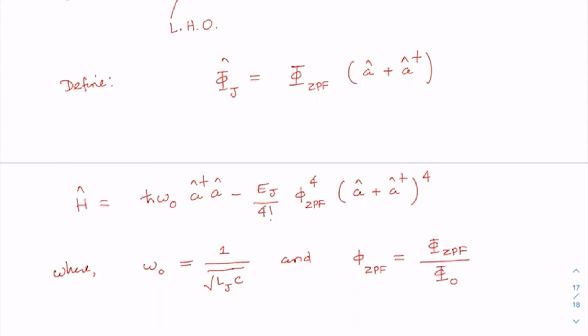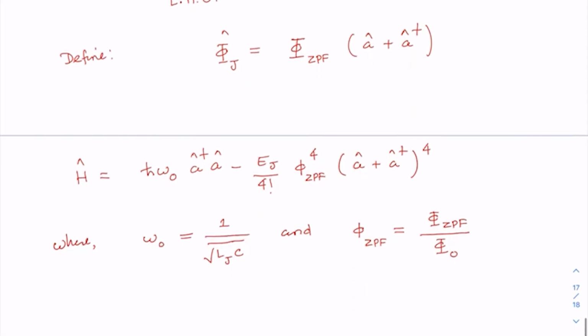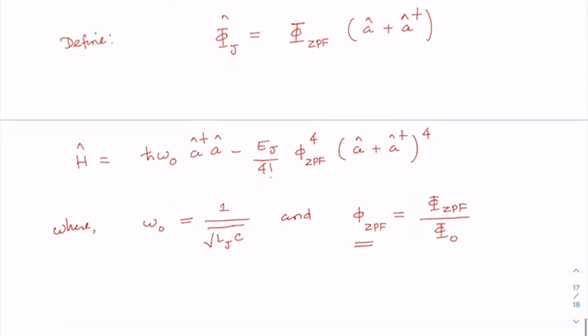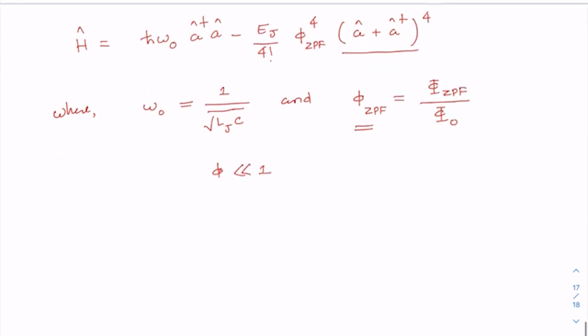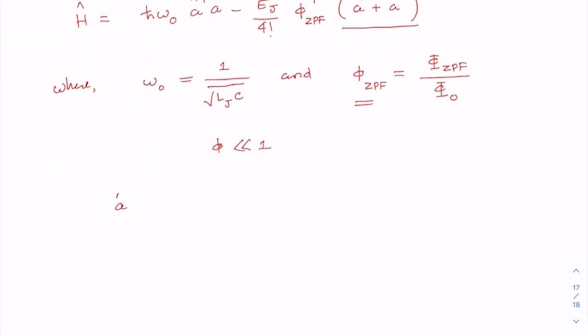Okay, now this normalized quantum fluctuation is very small, and taking this into account, let us first focus on this particular nonlinear term, A plus A dagger to the power 4.